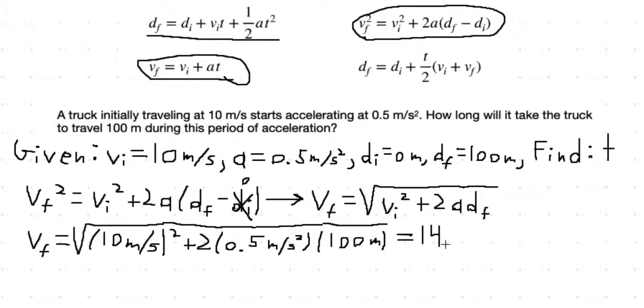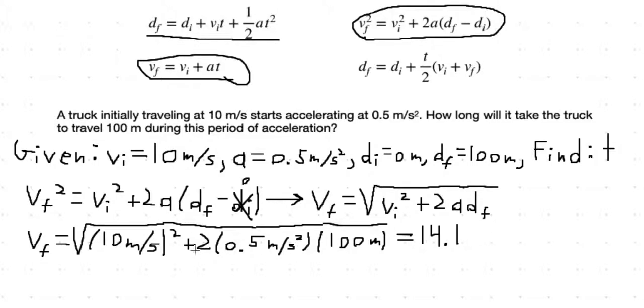But we can just check on the units to make sure they work out. So for the first quantity, we have meters per second, and that gets squared, so it's meters squared per second squared. And then the same thing happens for the second quantity here. So we have meters per second squared, and that gets multiplied by meters. So we have meters squared per second squared.